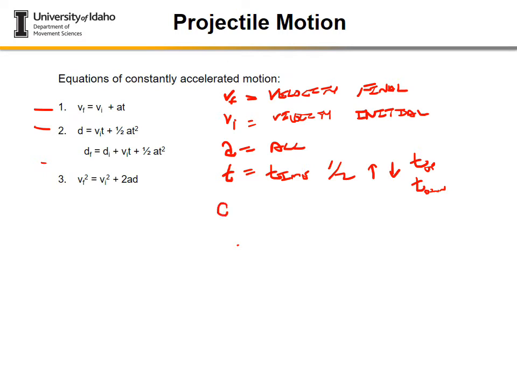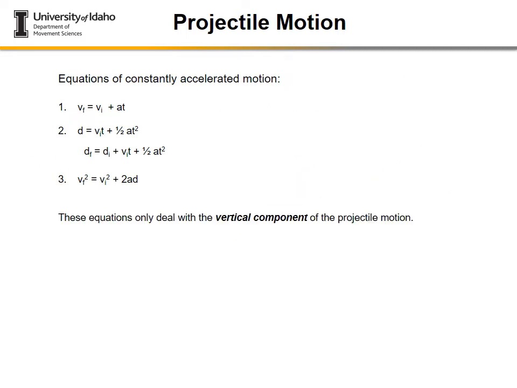Now the d, sometimes you'll see it as an s or a p, but that's the distance, so the height. In this instance, it's h for height, so how high from the takeoff to the apex. Oftentimes you'll see that d as an h. The very important part is that these are the vertical components of the projectile motion.